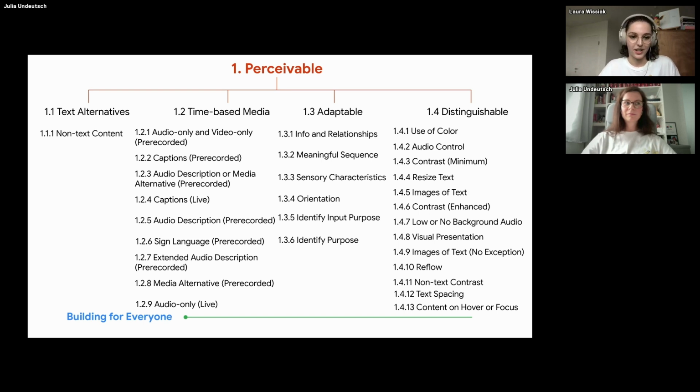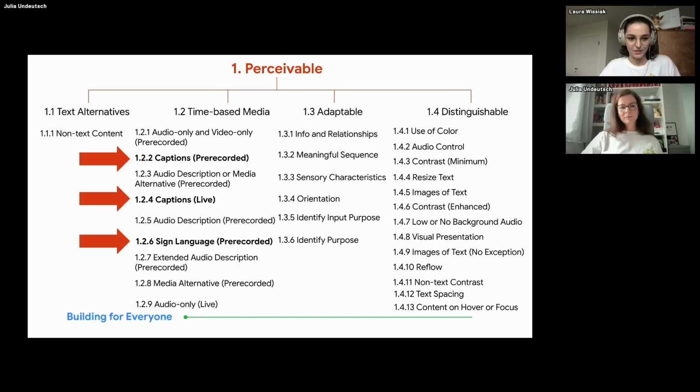And what we also have, of course, we brought some examples. So within time-based media, you will notice that here are captions, and I'm going to include sign language and captions as an extension of language here.